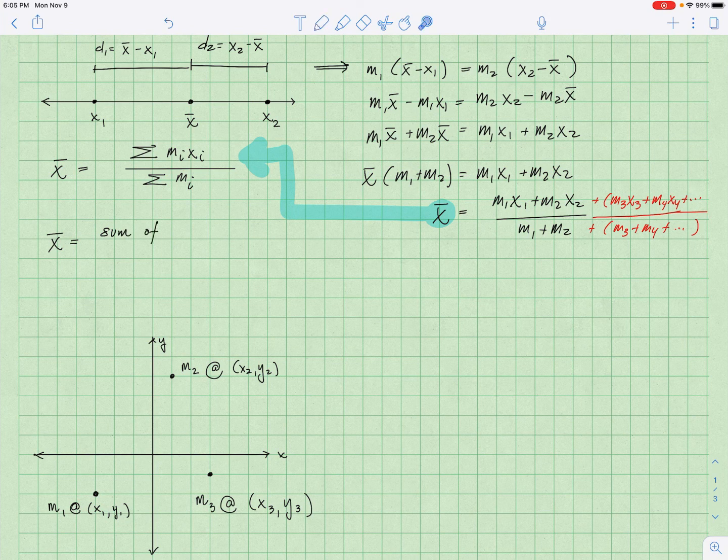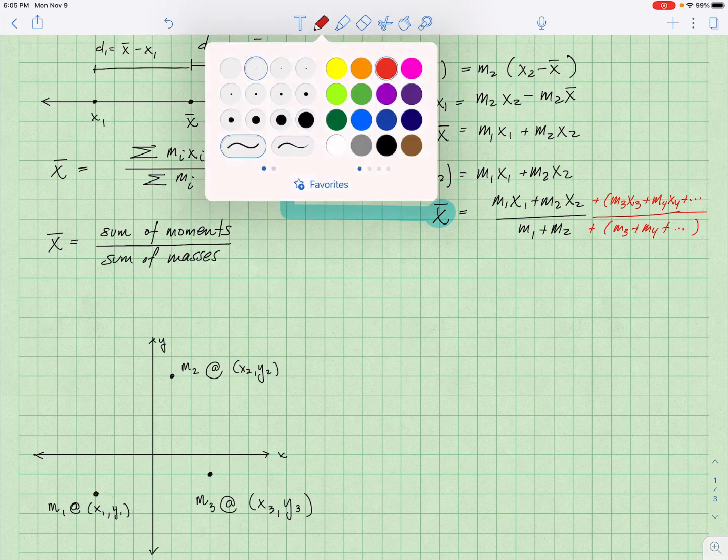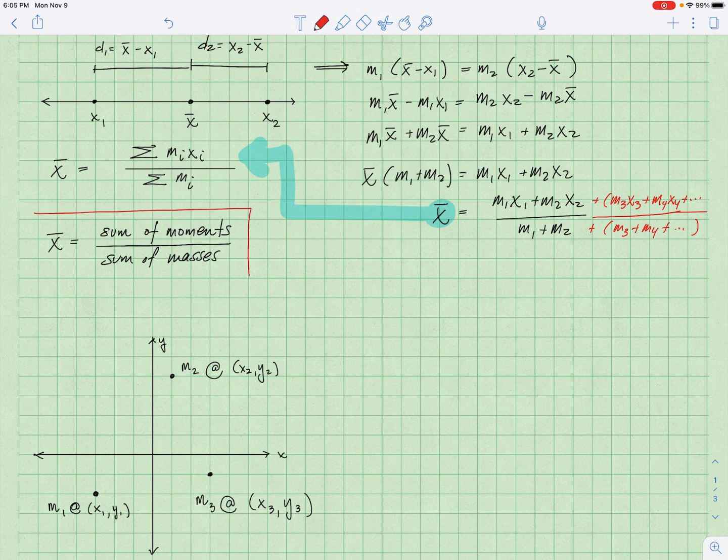Well, let's take a look at this. This is a mass times a distance or displacement or location. Either way, this is the sum of the moments over the sum of the masses. Okay. So that's a pretty straightforward example, or derivation at any rate. So let's highlight that. That's an important concept for us.